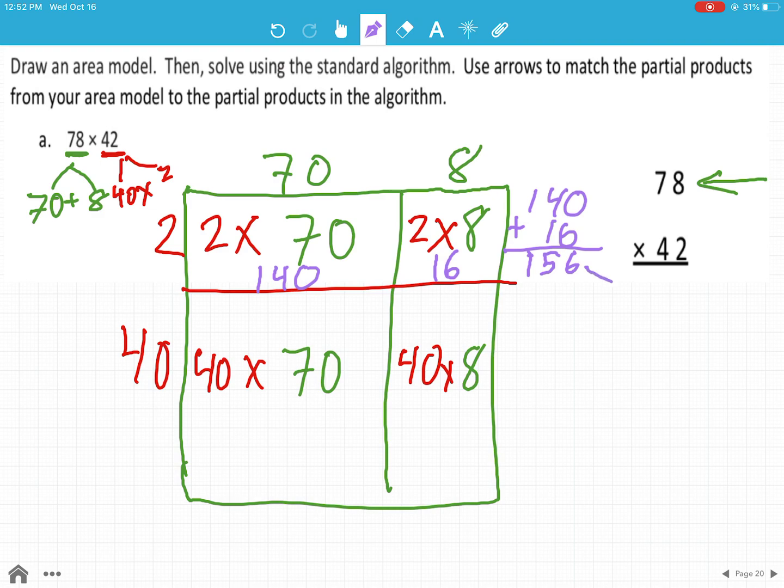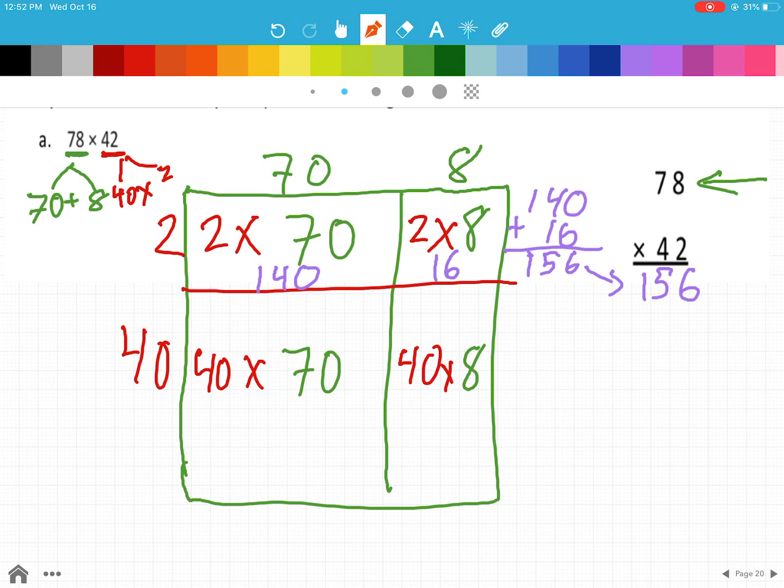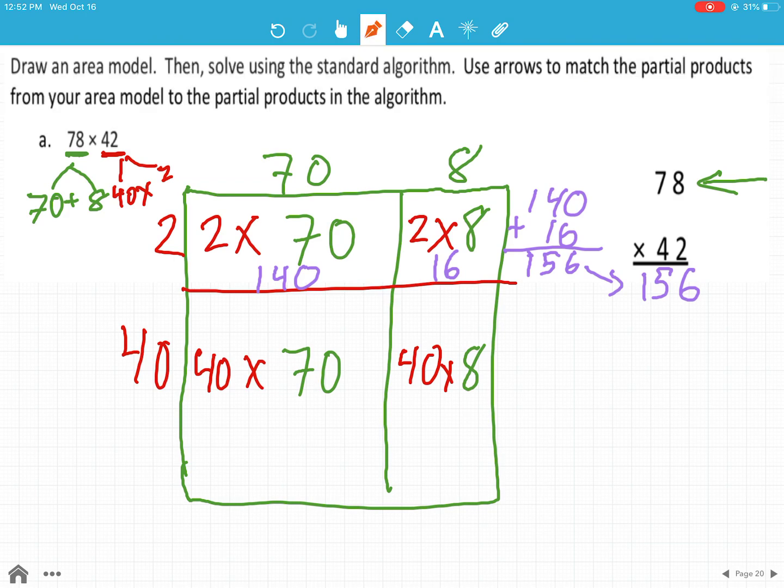And that's what goes here. Alright, 7 times 4 is 28, and I have 2 zeros. 4 times 8 is 32, and I have 1 zero.